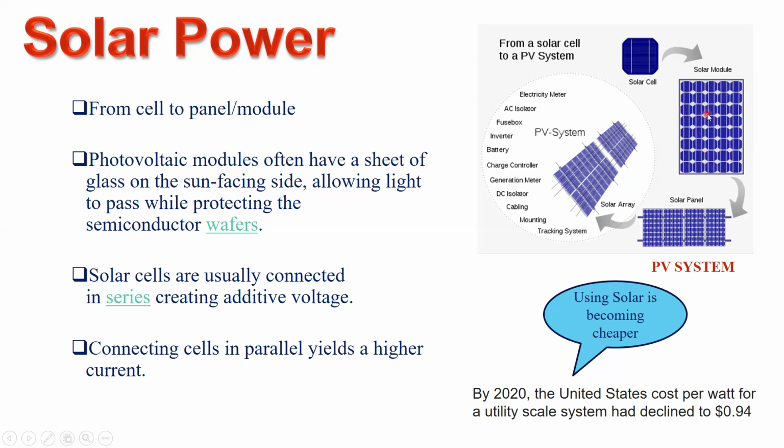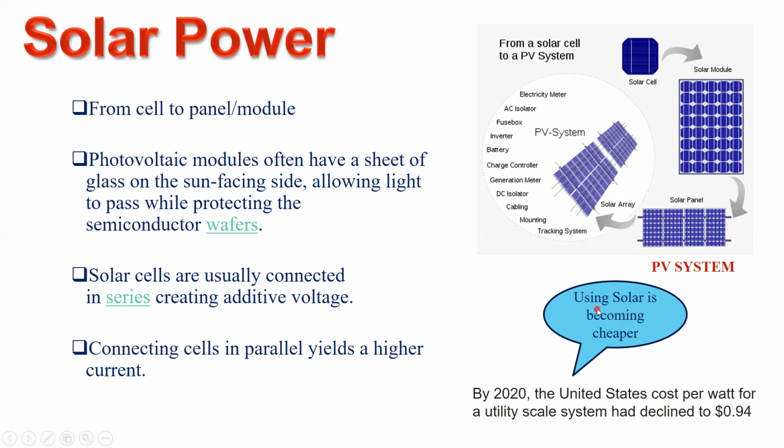Now, you can also connect those cells in parallel to create higher current, because we know that voltages in series add up and currents in parallel add up. So that's how you decide. But usually the solar cells are connected in series because you need a voltage.